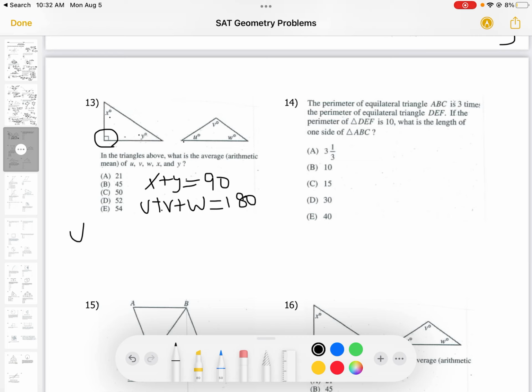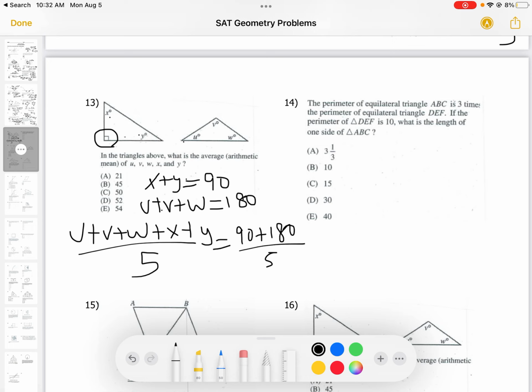So their average, which is U plus V plus W plus X plus Y, all divided by 5, will be just equal to 90 plus 180 divided by 5, which is equal to 18 plus 36, which is equal to 54, and that's E.